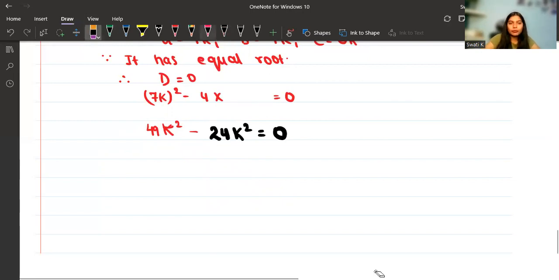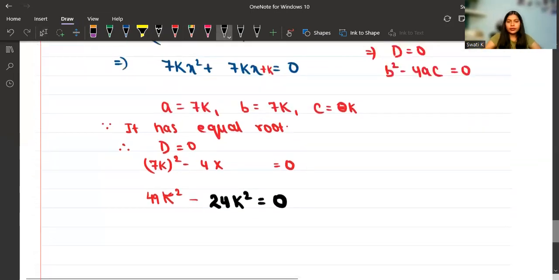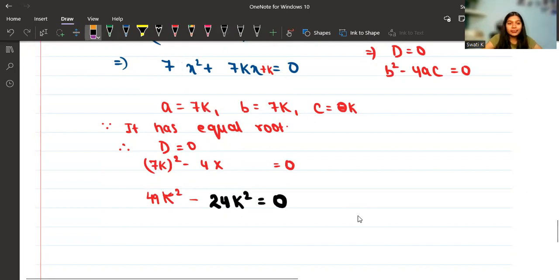This is b square minus 4ac, right? So 4ac, let me just check this. 4 into a into c. Yes, because that k was not getting multiplied, so we have to erase this. So there is a mistake in the question. I figured it out just now. Anyway, so let's do this.